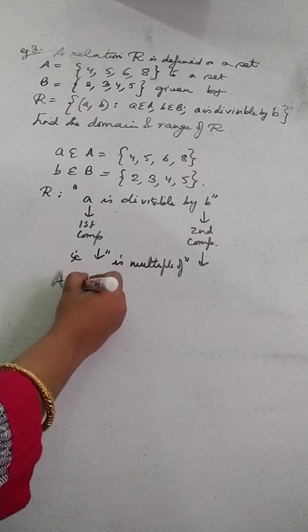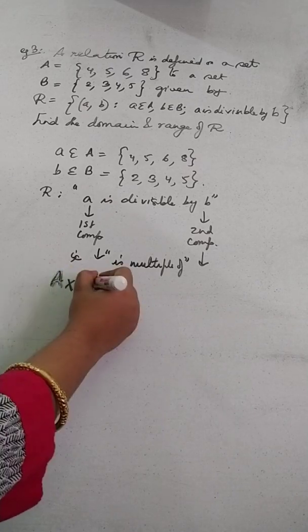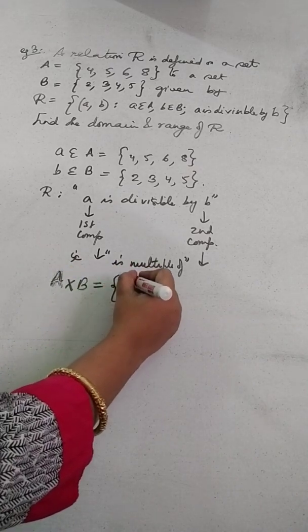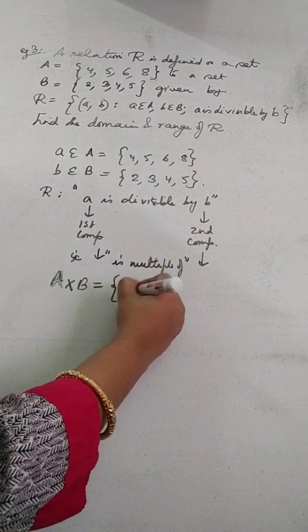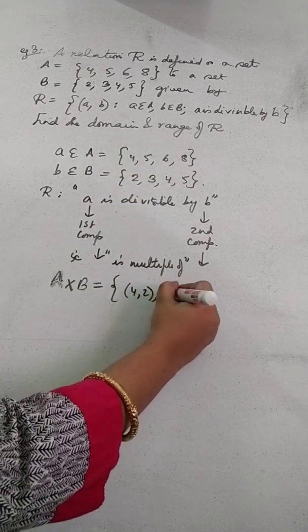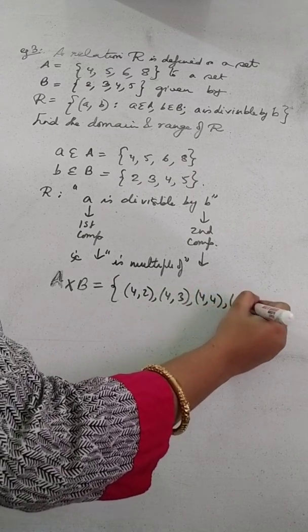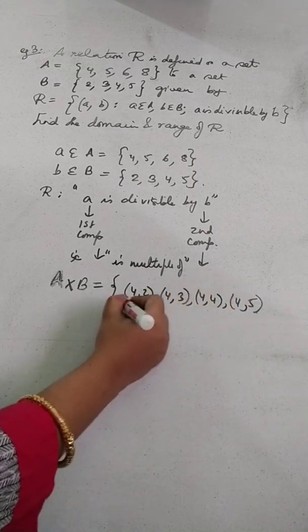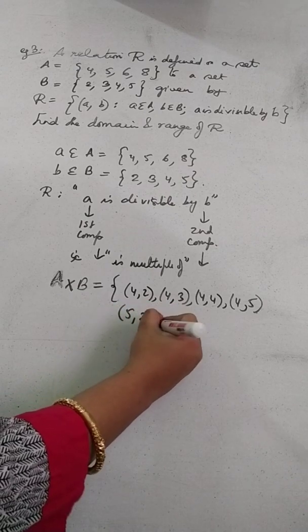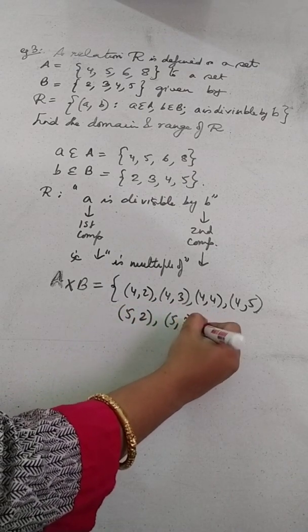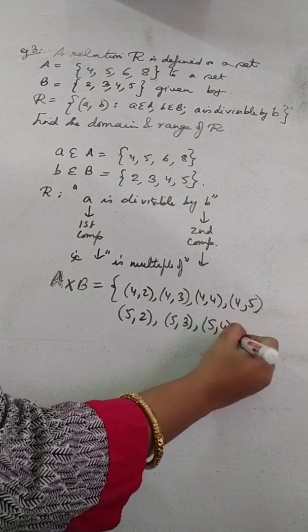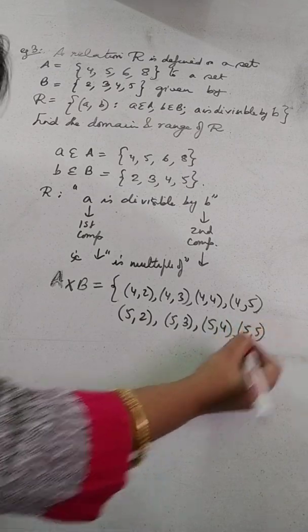just to avoid that, you can do A cross B first. That is, what are the elements of A cross B? With 4, you have (4, 2), (4, 3), (4, 4), (4, 5). With 5 now, (5, 2), (5, 3), (5, 4), (5, 5).